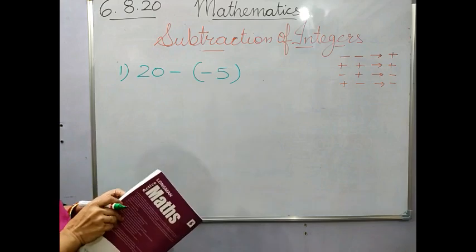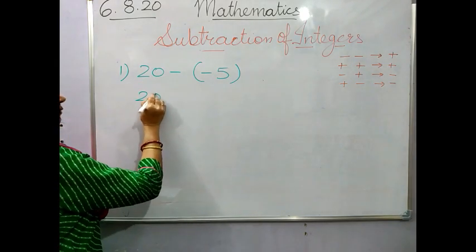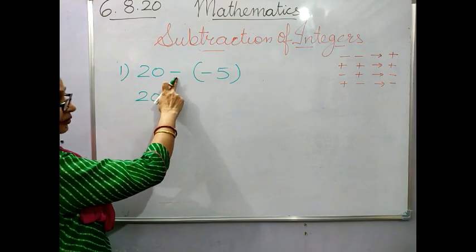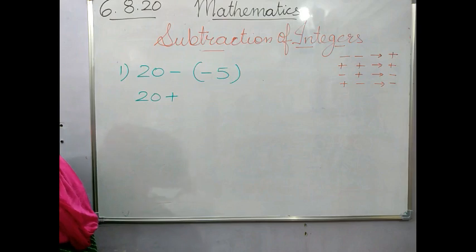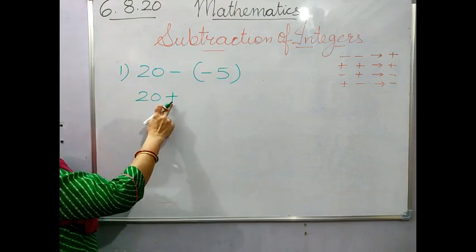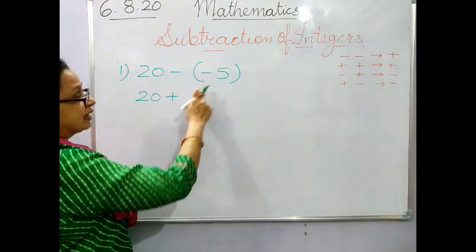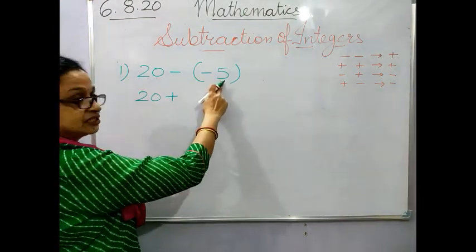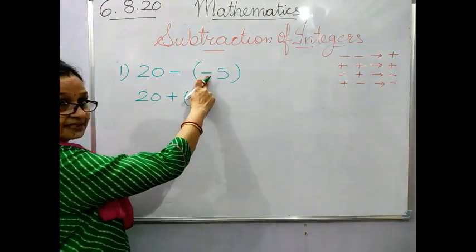So according to this, what they have done, we will copy down this number. This sign of subtraction, or minus, will be changed into plus. And here you have to write down the additive inverse. The digit will remain the same, but the sign will change.